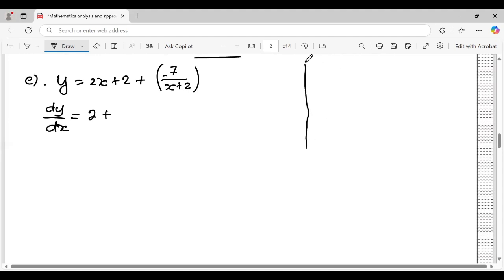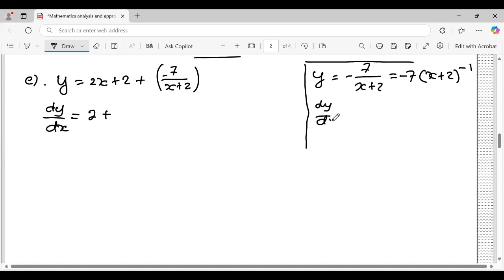This is my note. If y equals minus 7 over x plus 2, we can write it as minus 7 times (x plus 2) to the power minus 1. And dy/dx equals minus 7 times minus (x plus 2) to the power minus 2 times 1. This is the implicit derivative.